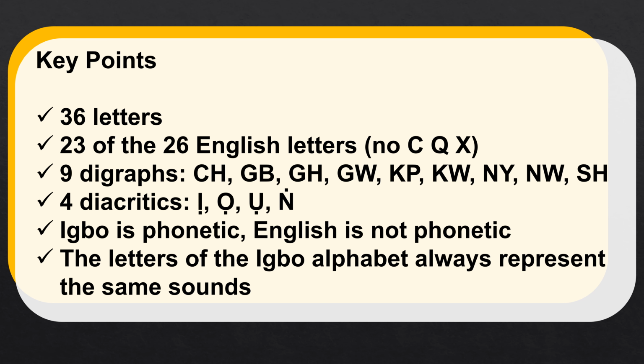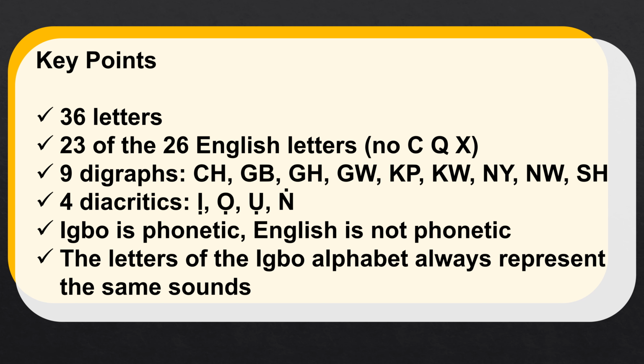The Igbo alphabet has 9 digraphs. As I said earlier, there is no C in the Igbo alphabet, but there is CH. So CH is one letter in Igbo.